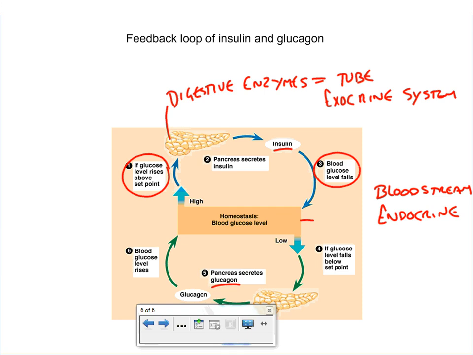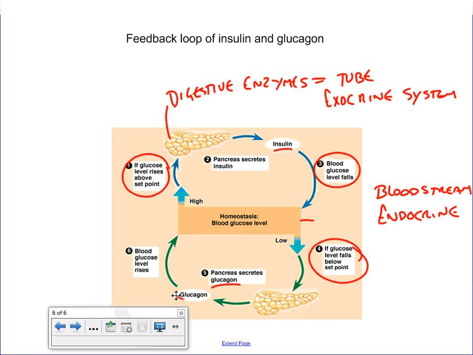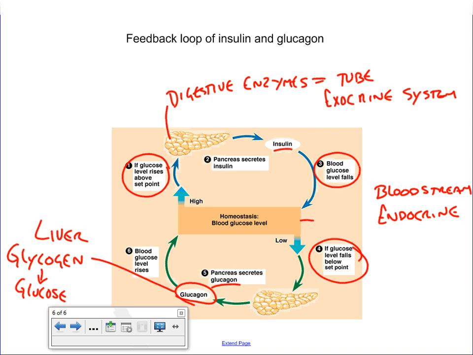If blood glucose levels are too low, then the pancreas will secrete glucagon, and glucagon will cause the liver to break down the stores of your polysaccharide of glucose, which is called glycogen, to be chopped up. And when you chop up glycogen, you have little pieces of glucose. So now your bloodstream is filled with glucose, bringing it back up to the homeostatic basis level that we need.